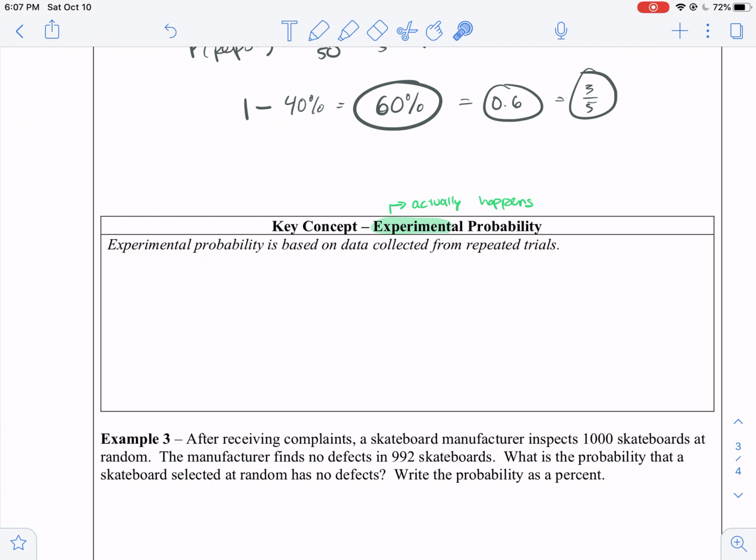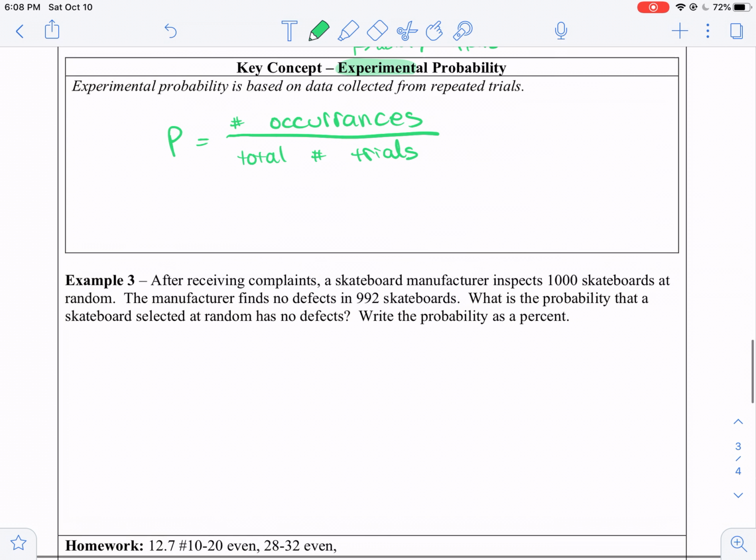Experimental probability is based on data collected from repeated trials. How you calculate experimental probability is the number of occurrences, how many times the thing happened, all over the total number of trials. Please don't judge my spelling.